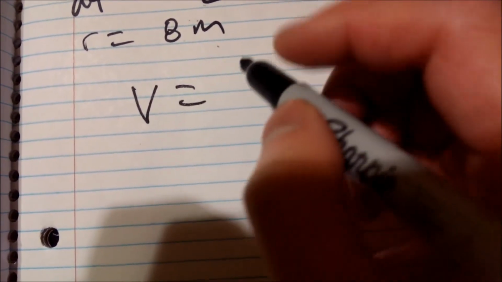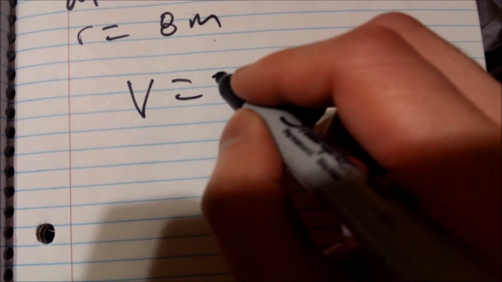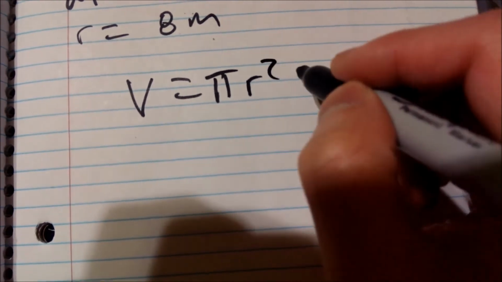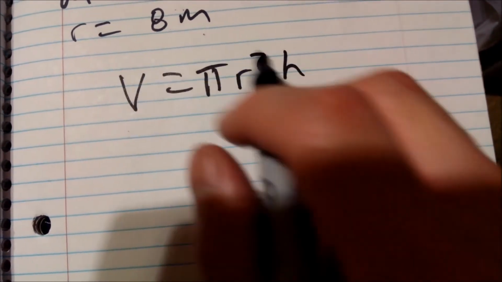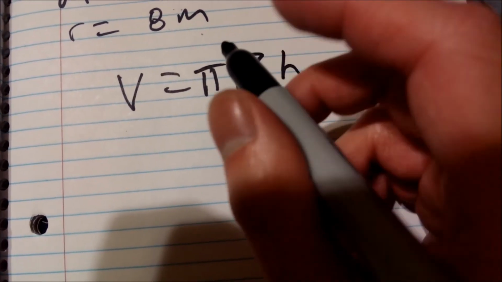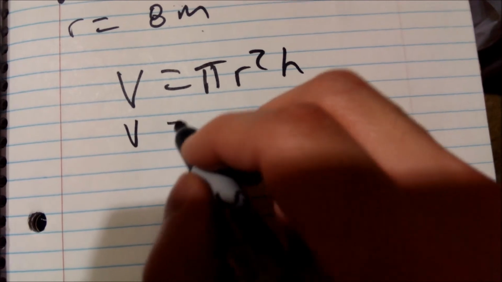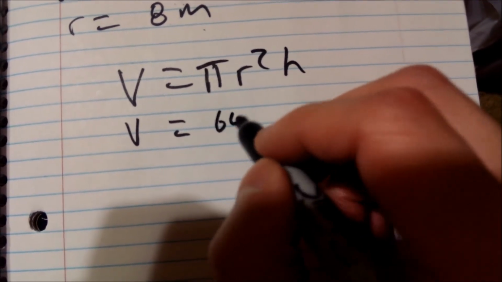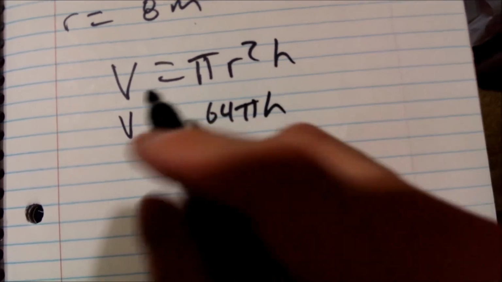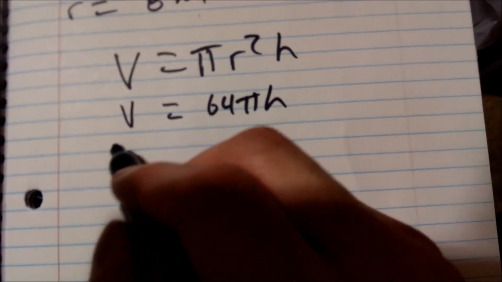So once again our relationship is V equals pi r squared times the height. And once again we just plug in the radius because it's constant and will not change in this problem no matter what. So V equals 64 pi h, and find the derivative.